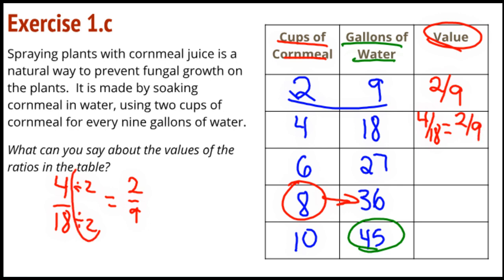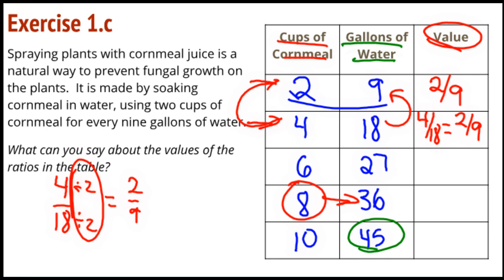This dividing here is called scaling down. We're going from a larger quantity down to a smaller quantity. We're taking a big recipe and we're turning it into a smaller batch. Sometimes you've got a batch of cookies and you're like, oh, this is going to be way too many cookies. Not sure that's possible.